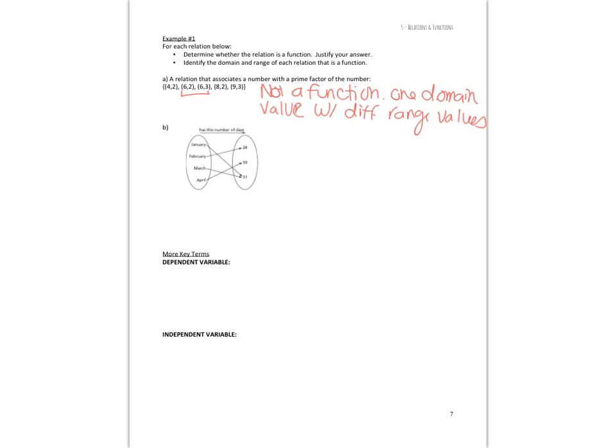Looking in our second one here, January has 31 days, February has 28 days, March has 31 days, and April has 30 days. Now, each of our domain values points to only one range value. Again, we can have a range value that is occupied by multiple domain values, but it cannot be the opposite way around.